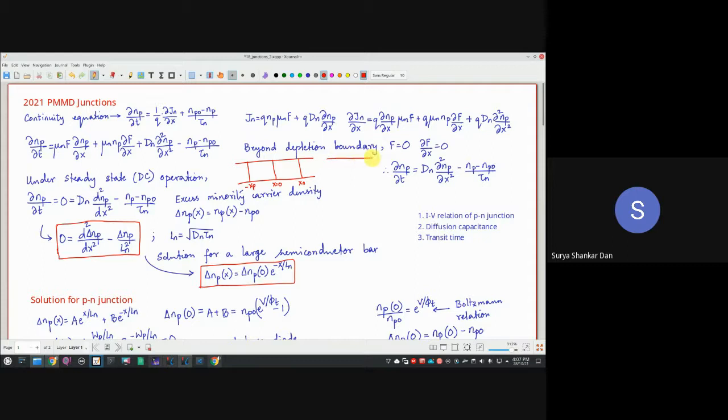For carrier transport, on the other hand, what we are going to do is something different. We will say this is x equal to 0, and here is x, and this is x equal to 0, and here is x. So if you are looking into the variations, what we will observe is something like that, and here something like that.